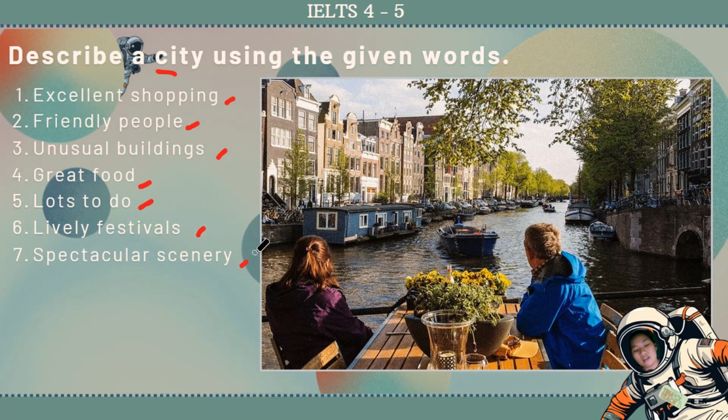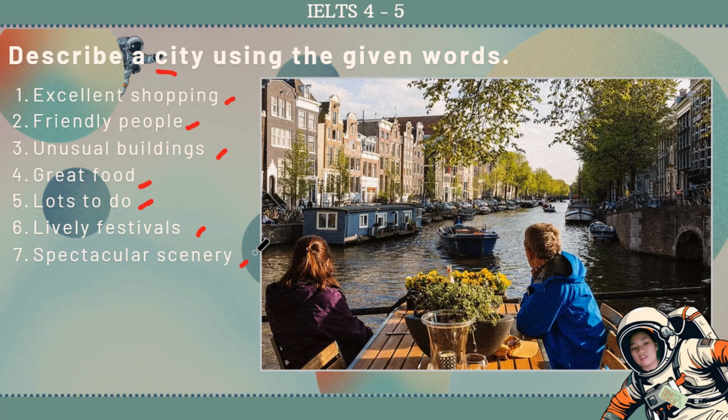Okay? Let's say, oh, I've been to New York. It has excellent shopping and the people there are quite friendly, right? Or I've been to Dubai, although the weather is quite hot. It has a lot of unusual buildings. And in Rio de Janeiro, you get to experience a lot of great food.